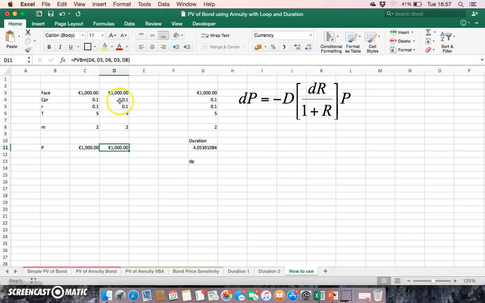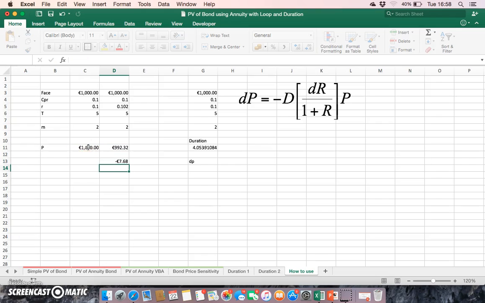Okay, and let's say we increase very slightly the interest rate in the bond. If we increase the interest rate, the bond price should fall. So the bond price falls, and it falls by how much? So minus 1,000, the bond fell by 768.